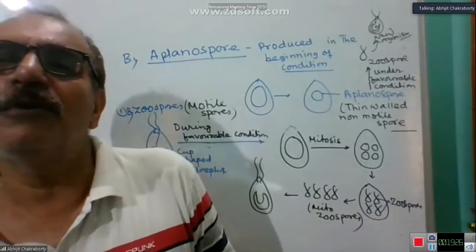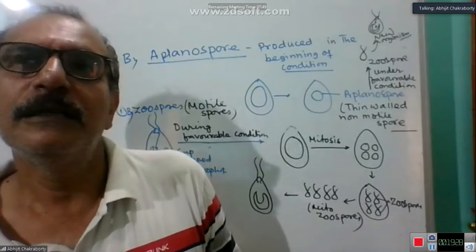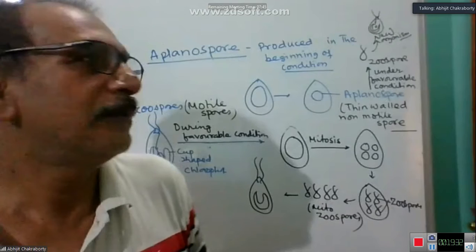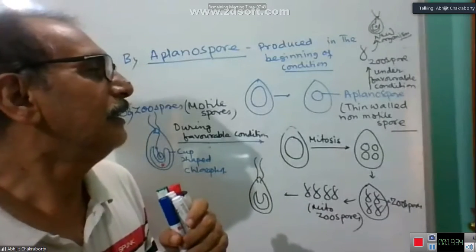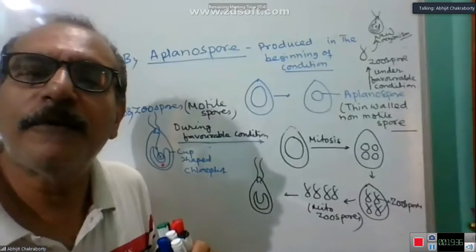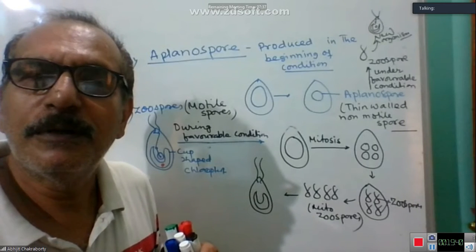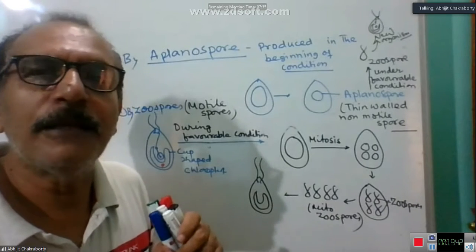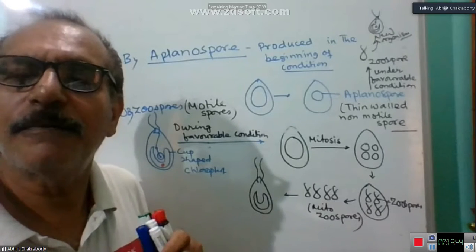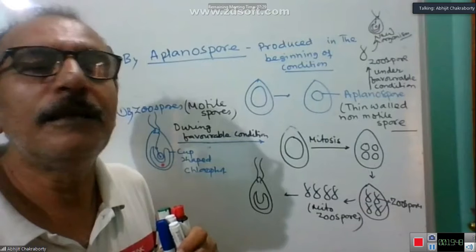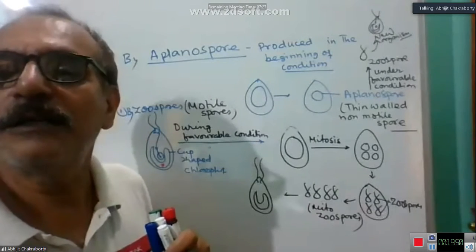So they have to overcome this period. If favorable condition comes, then these aplanospores become flagellated to form zoospores. Remember this thing, this will happen when favorable condition comes. Then this zoospore will give rise to a new organism.